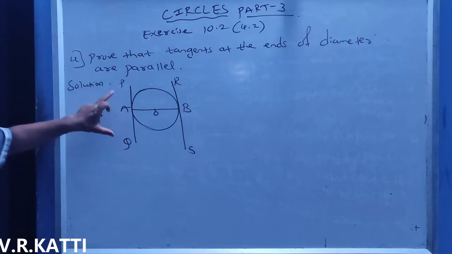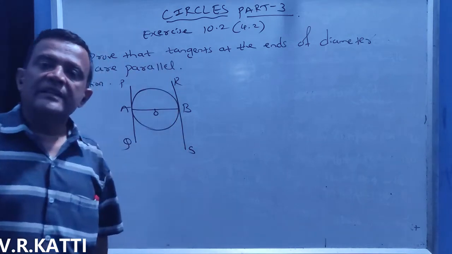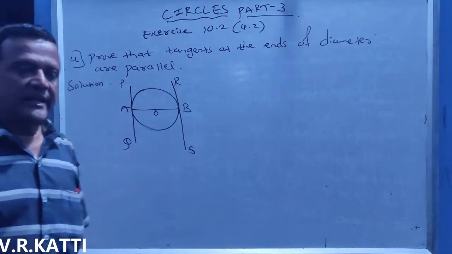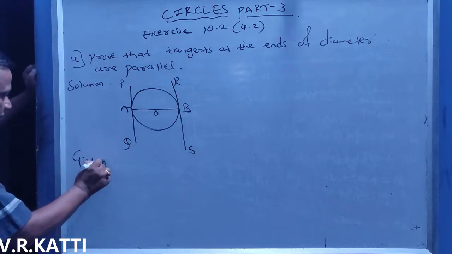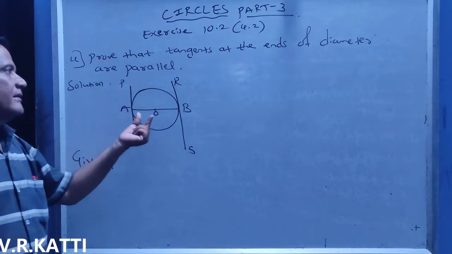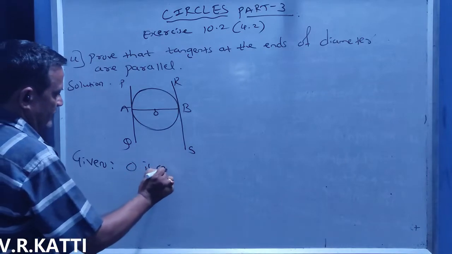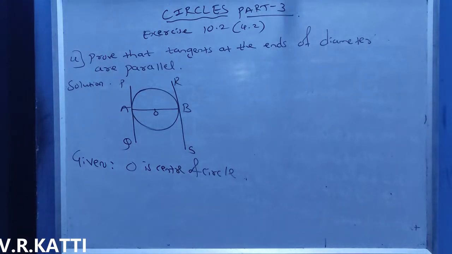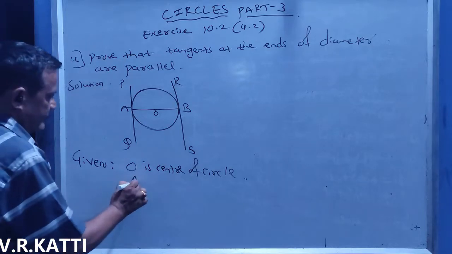Ends of the diameter: PQ is a tangent at A, RS is a tangent at B. So prove that PQ is parallel to RS. Now, what is given? O is the center of the circle.